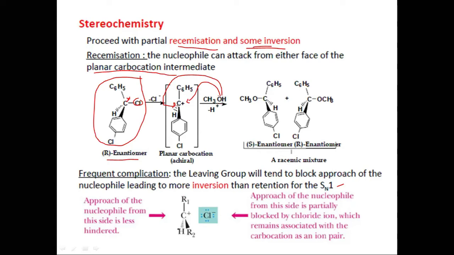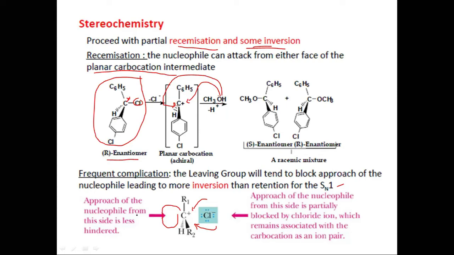Along with that, there is a small hydrogen atom, and this is now in the planar carbocation state, and the leaving group is trying to leave from this particular side.